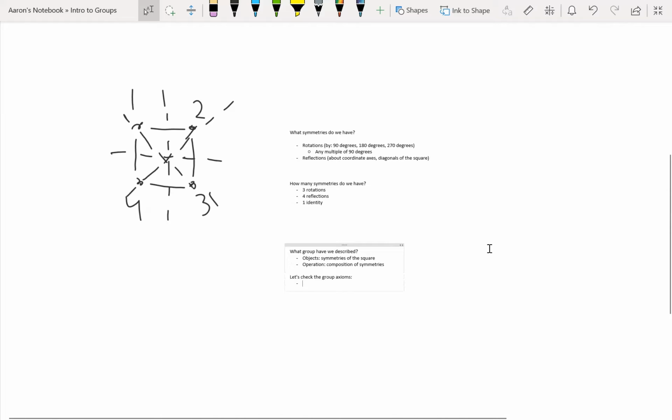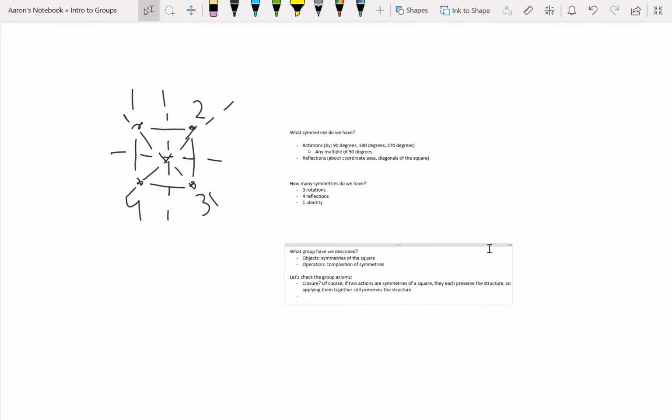Exactly. So, closure. Of course, if two actions are symmetries of a square, they each preserve the structure. So applying them together still preserves the structure, right?